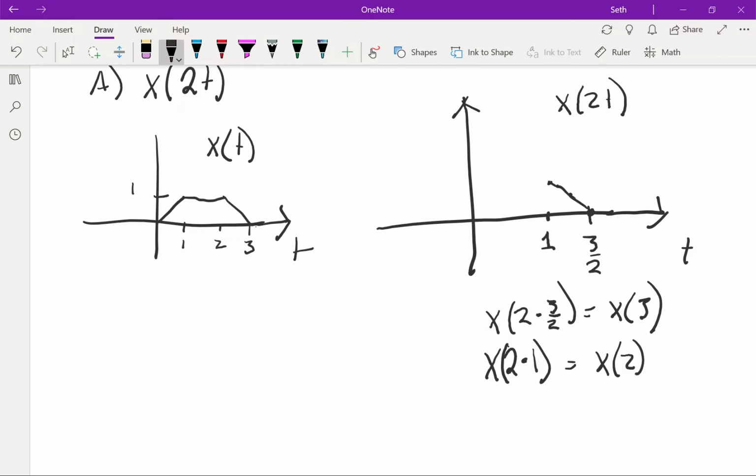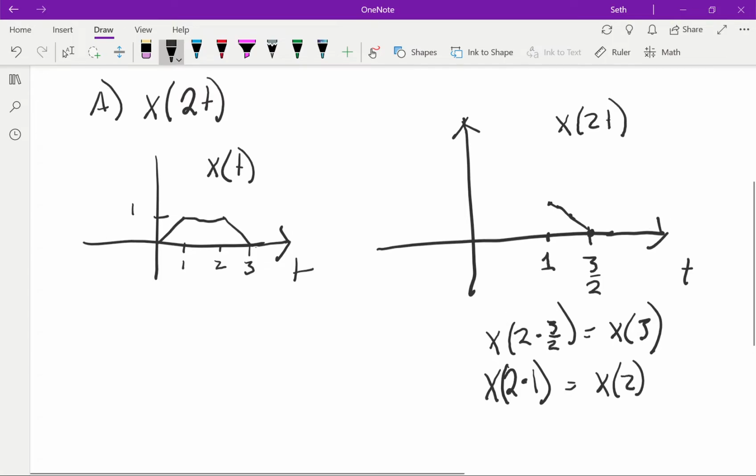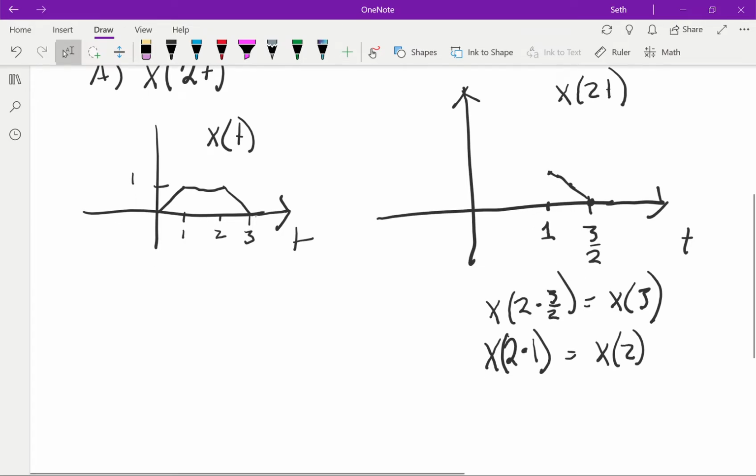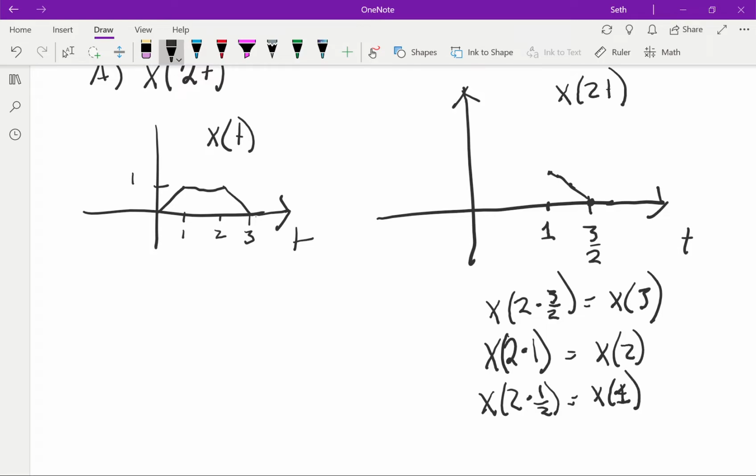Okay, our next changing point is going to be in the original space 1, so we need to find what value will give us that. So x of 2 times 1 half equals x of 1. So here we are at 1 half.